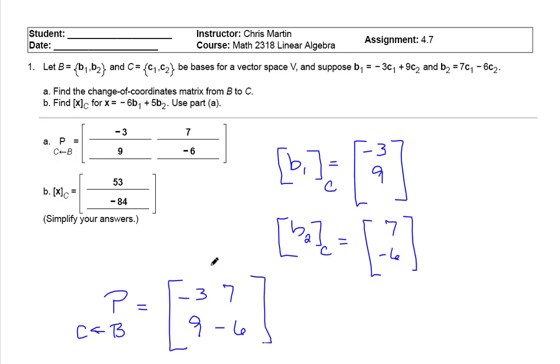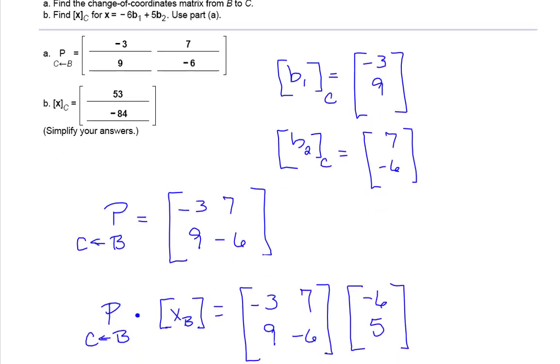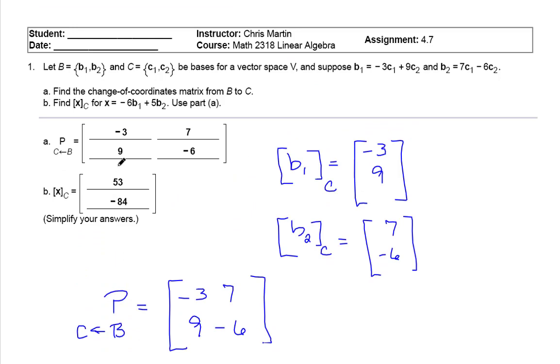So we're looking for a change of coordinates matrix going from B to C. And so what that is, we simply take those column vectors on how we transform, and they go as columns in our particular matrix. And so the question is then, supposing we have an x relative to the B basis, we'd like to write x in terms of the C basis.